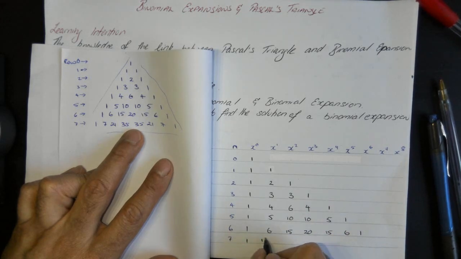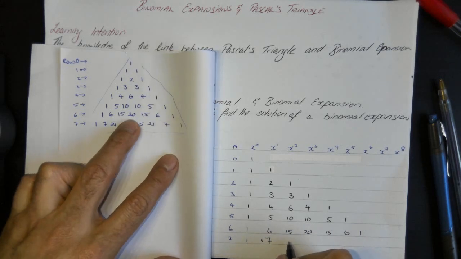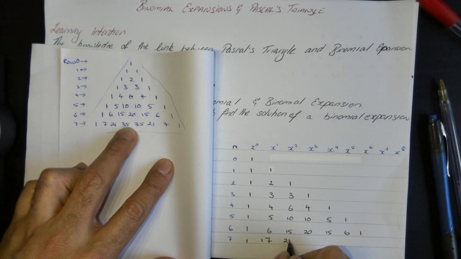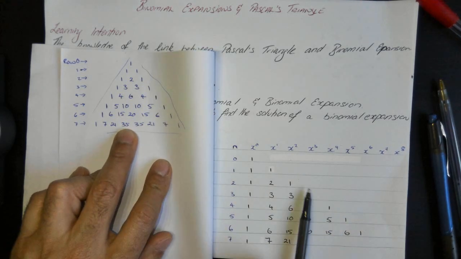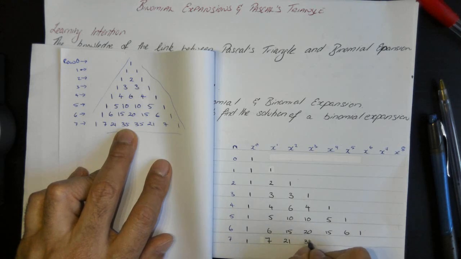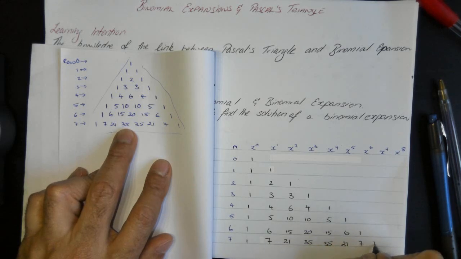1 plus 6 is 7. Oh, sorry, we've got the 7th row. Oh no, we're going to keep going. So 7, 6 plus 15 is 21, 35, 35, 21, 7, 1.